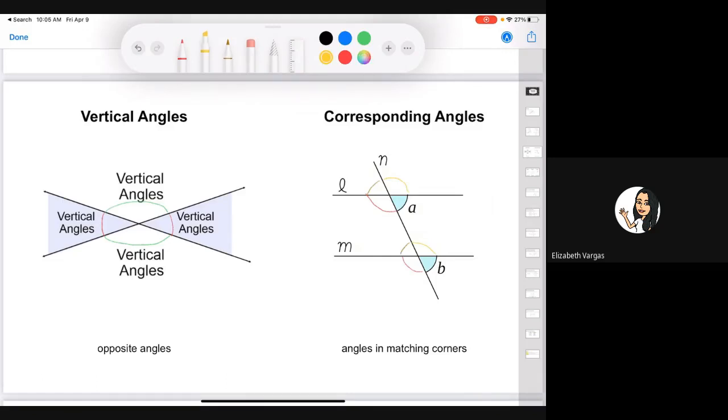So whenever we think of corresponding angles, they need to correspond to the side that they are in relation to those parallel lines. So this one is on the far left, so this corresponding angle pair would be this one, this one would be this one, and then A. So corresponding angles, angles in matching corners.